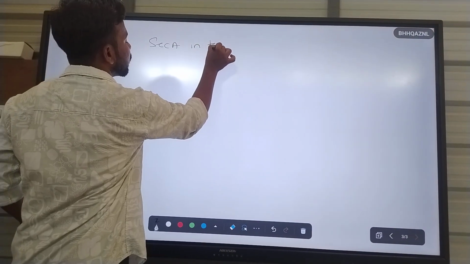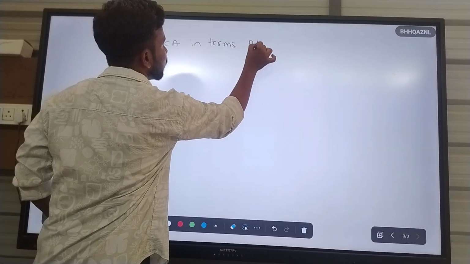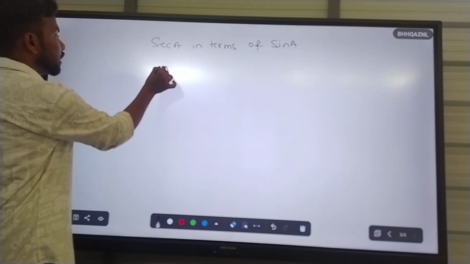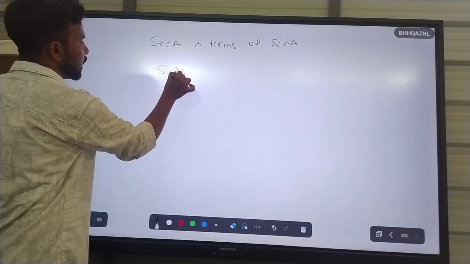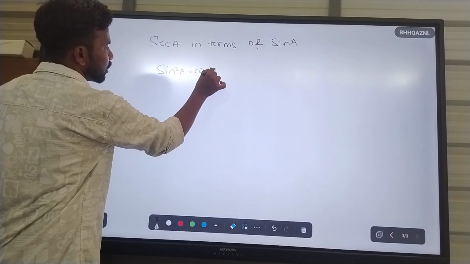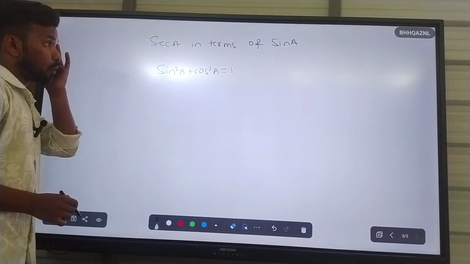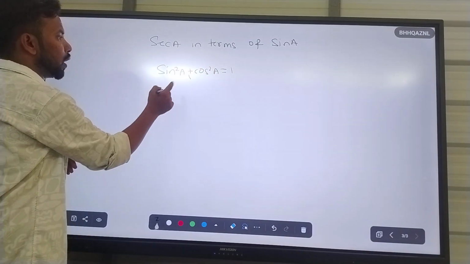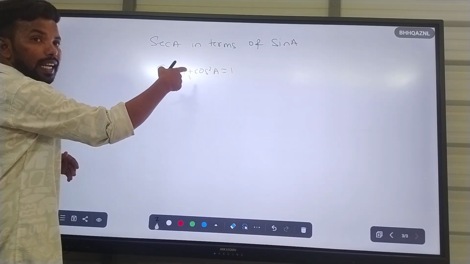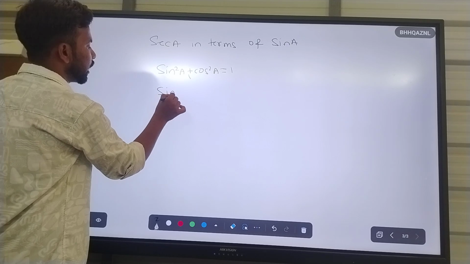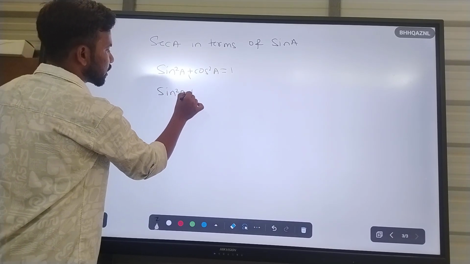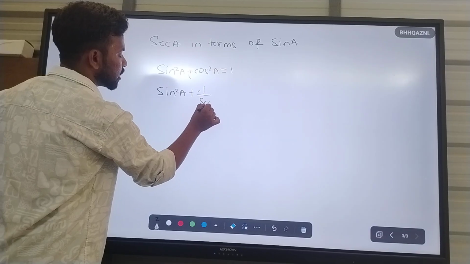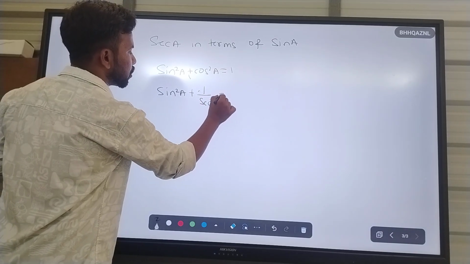Now secant A in terms of sin A. Here we have one formula: sin square A plus cos square A is equal to 1. What I want is secant theta, and the reciprocal of cos is secant theta. So sin square A plus 1 by secant square A is equal to 1.